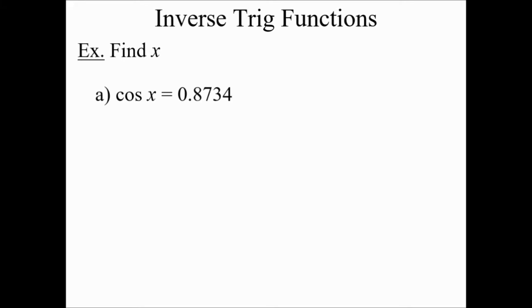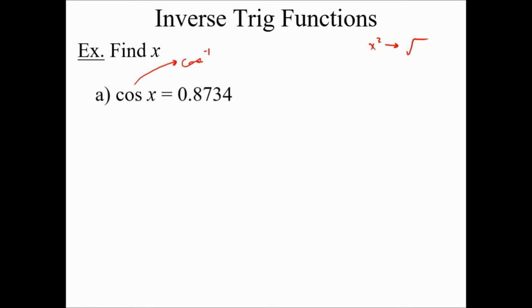So here's how that's going to look. When we had x squared, the opposite of that was the square root. Well, cosine x, the opposite of that is called the inverse cosine, and it's the little cosine with a -1. It looks like the -1 power, but it's not an exponent, it's not a power, it's just a little symbol there. That's how we're going to undo the cosine.